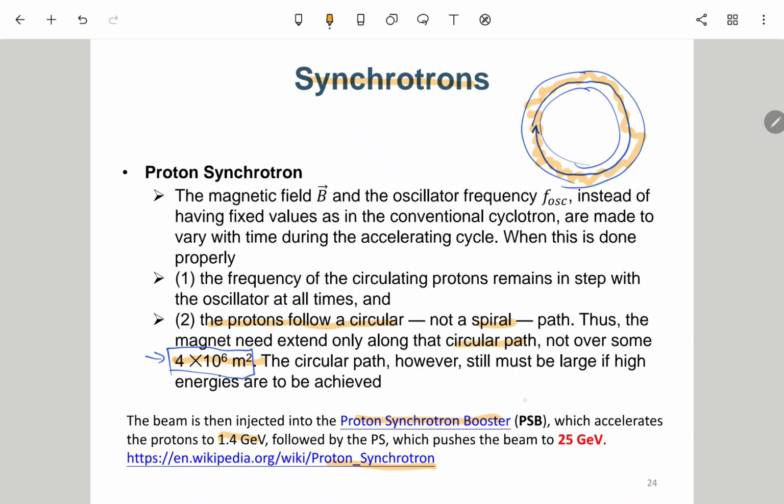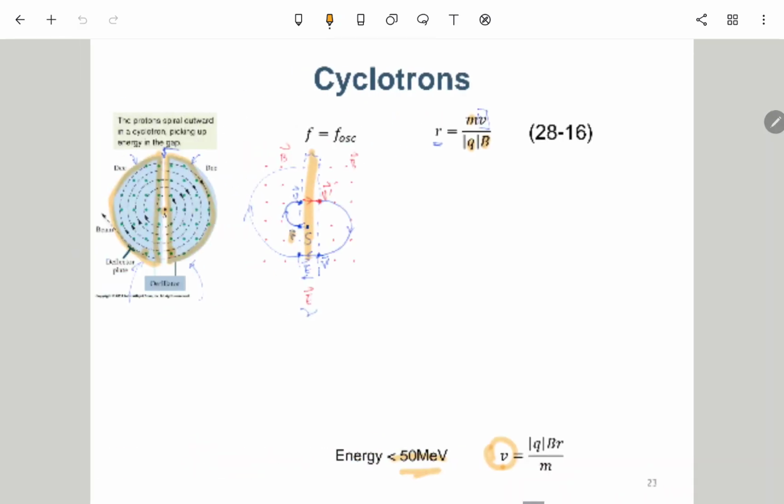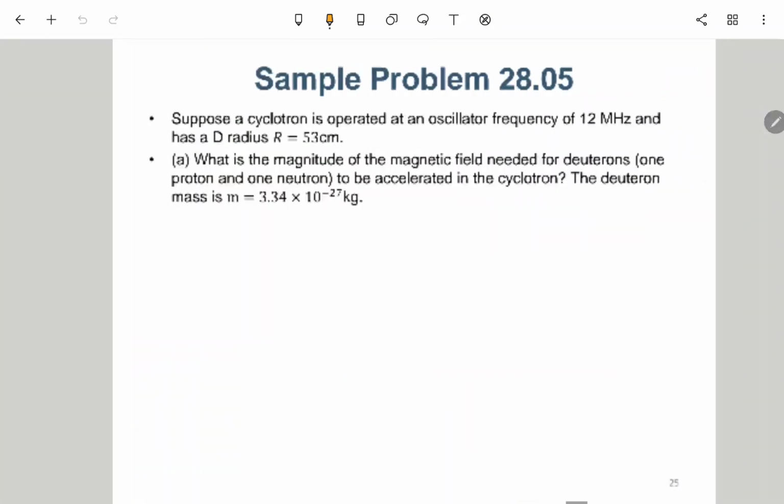So PSB accelerates the particle up to 1.4 giga eV, followed by the proton synchrotron, which pushes the beam to 25 giga eV. Okay, so comparing with this one of 50 mega eV, it is much smaller.